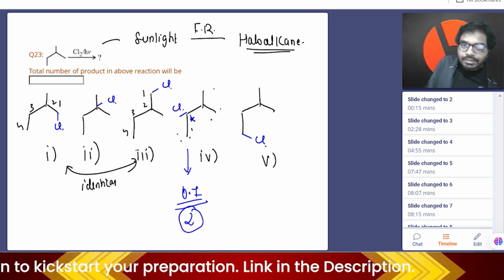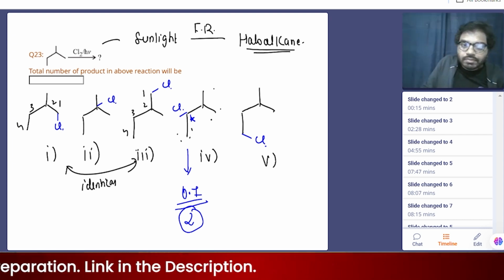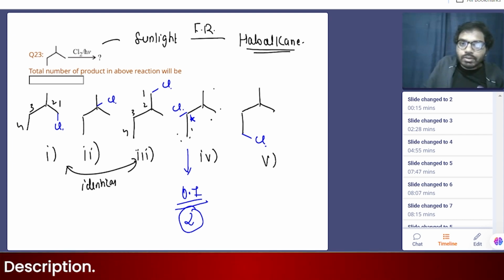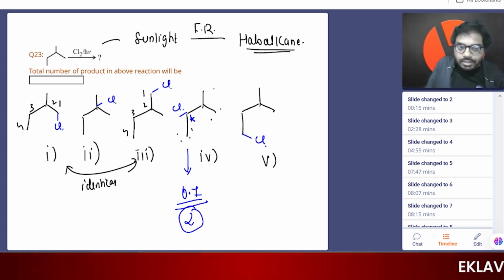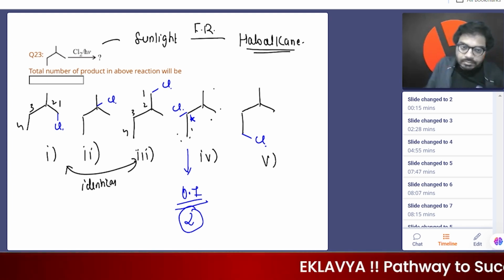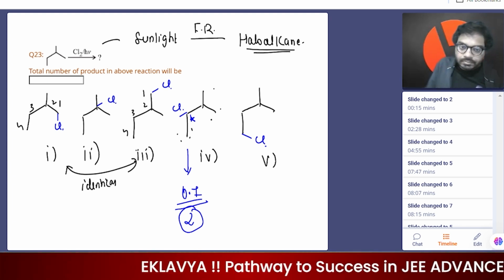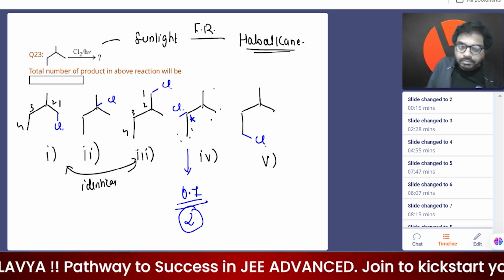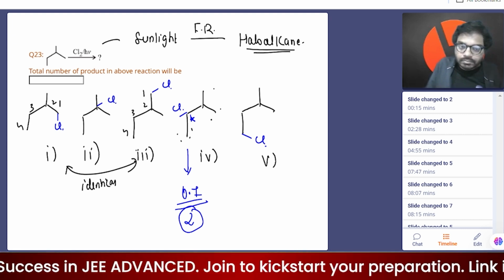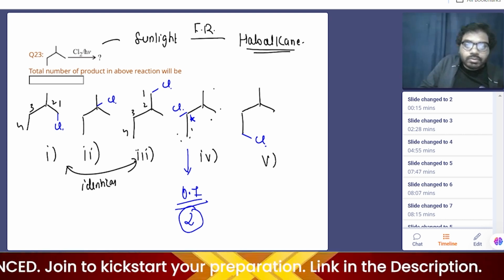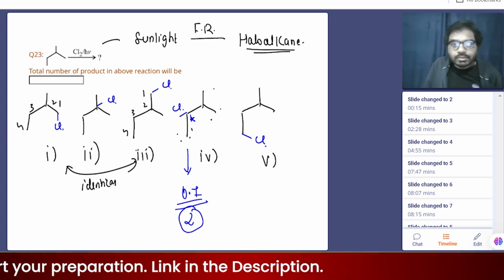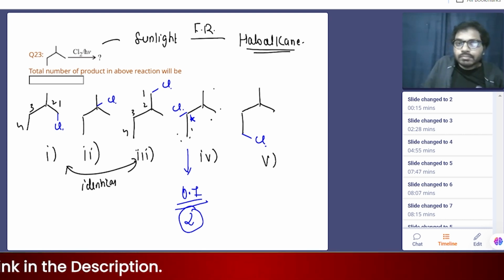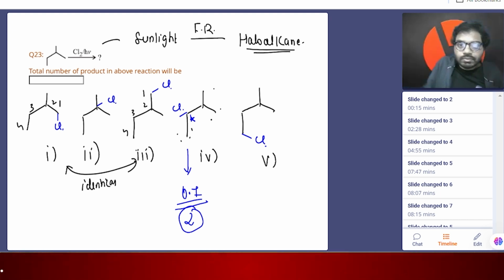Is this clear? Okay. Then we will check for another one, whether it is optically active or not. Okay, so one more is remaining here. Yes, so we will check.